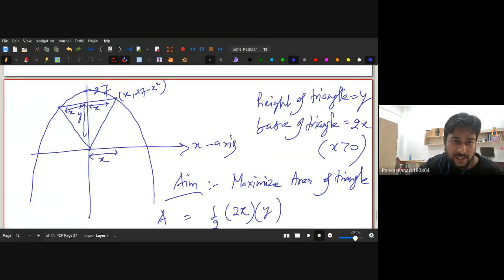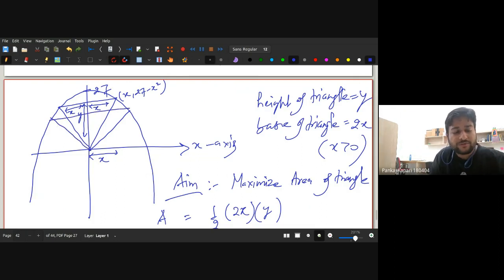You have to maximize the area, and for that you have to find how large the base should be. The base can be very large, like this, and the area will be larger, or if the base is smaller, the area may be smaller.